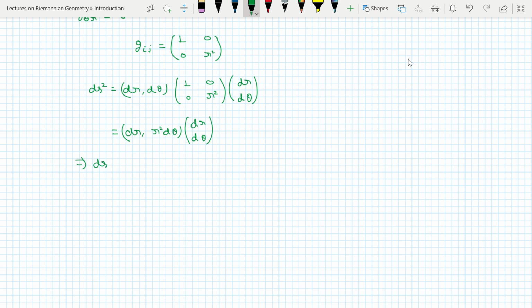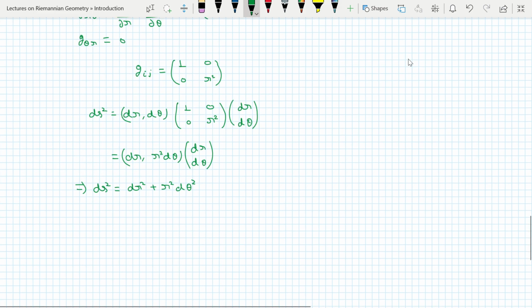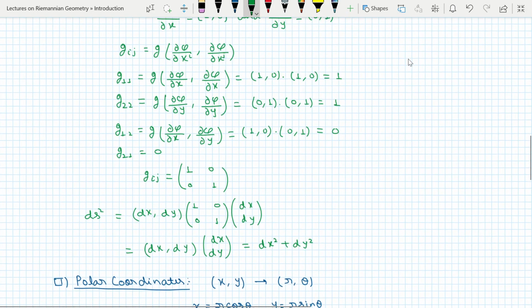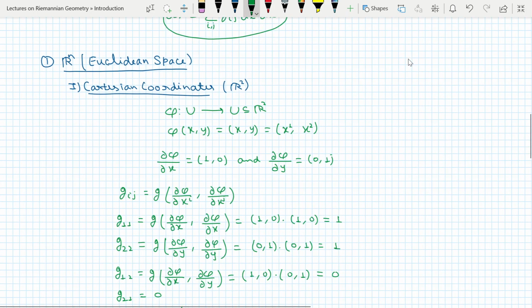This gives you ds² equals dr² plus r² dθ², and this is the line element in polar coordinates in Euclidean geometry. So you see, this is how we find the line element of the metric on a Riemannian manifold.